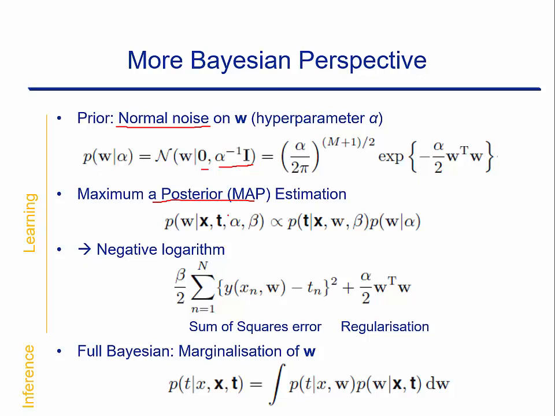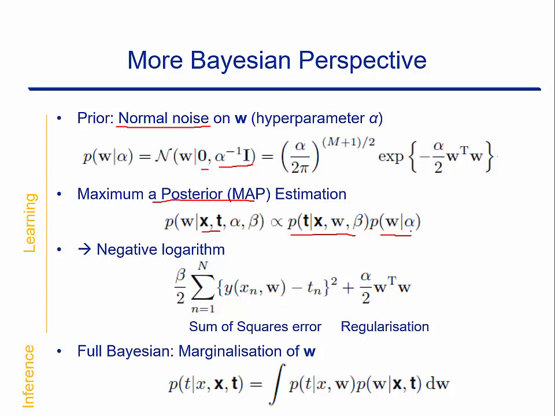Now in full Bayesian, we have a maximum a posteriori estimation of W. So we will estimate the posterior probability of W given the training data sample and the model parameters. By applying Bayes' rule, it is proportional to the likelihood times the prior.